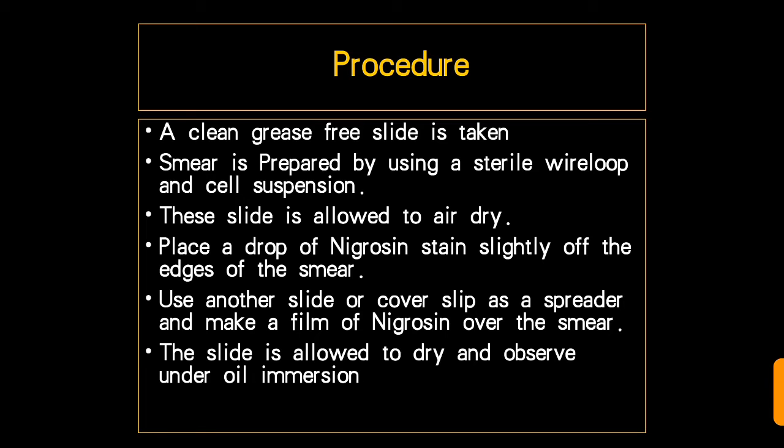After air drying, we place a drop of nigrosin stain slightly off the edge of the smear, and with the help of another slide or coverslip we spread that drop of nigrosin over the smear to make a film. After that we air dry the slide and observe it under the microscope using the oil immersion lens, which is the 100x lens.